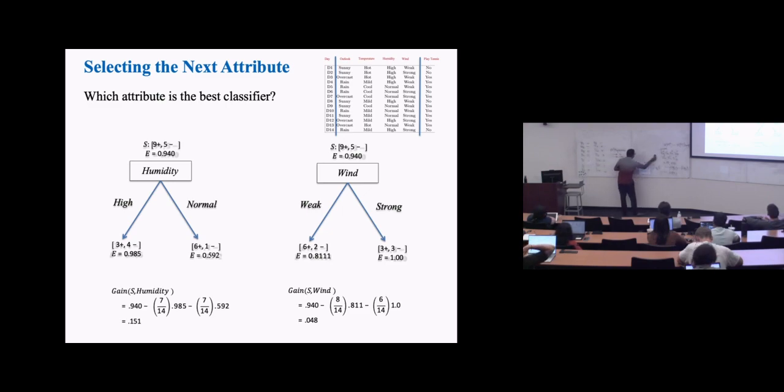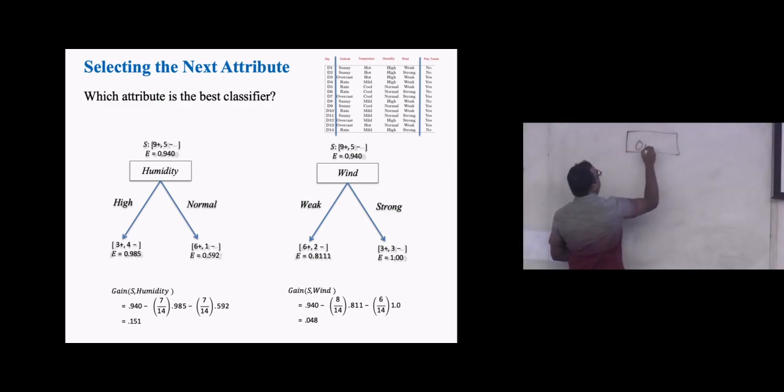You just forget all of this. Now, so far we're imagining a tree, but now you have a real tree by putting in outlook here, because that gives you the maximum information gain.